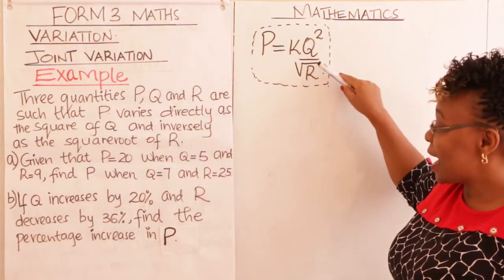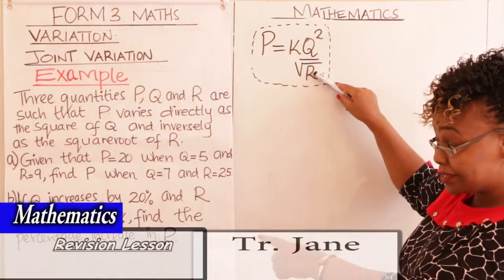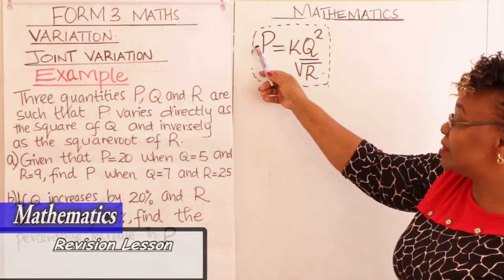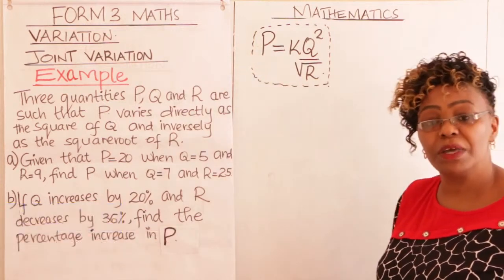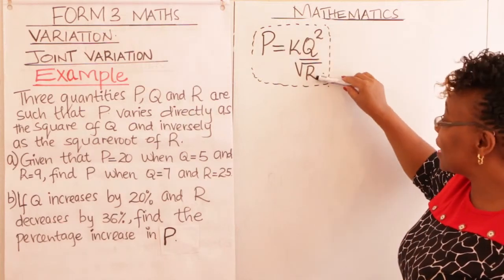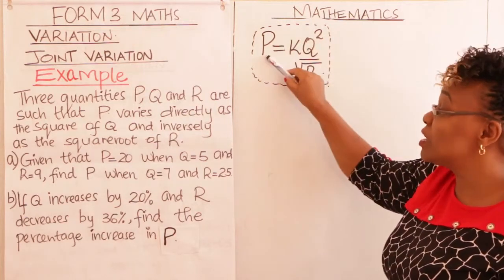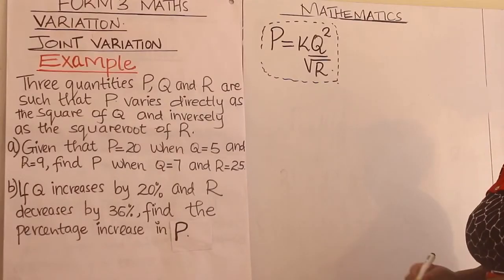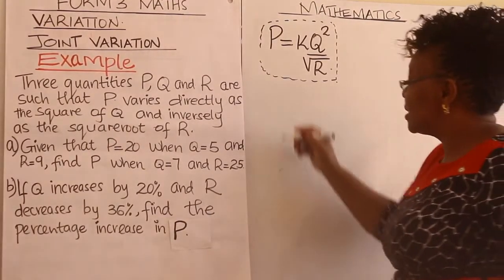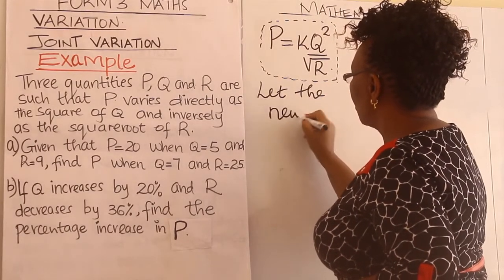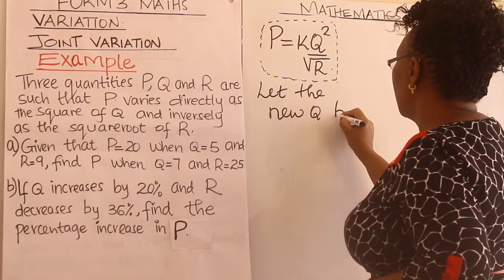Yes? R decreases by 36%. Find the percentage increase in P. It is true, learner, that if Q changes and R also changes, even P will change. So what is the percentage change? Come and write, let the new Q be Q1.